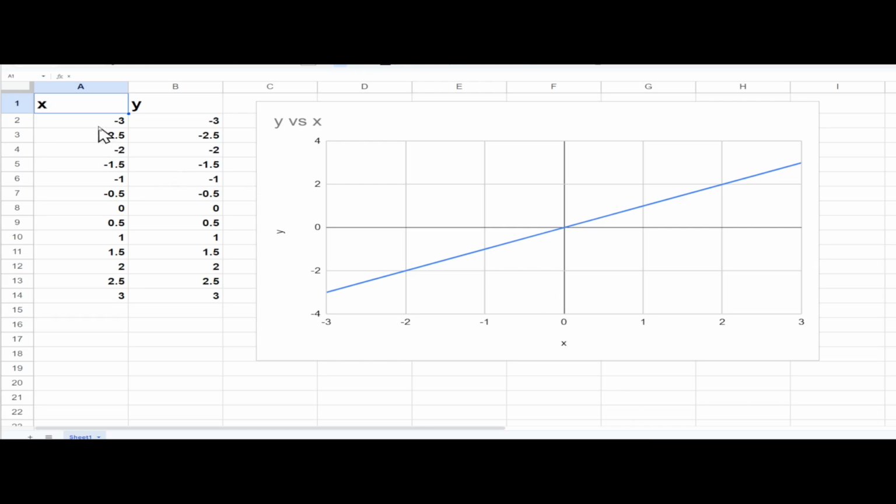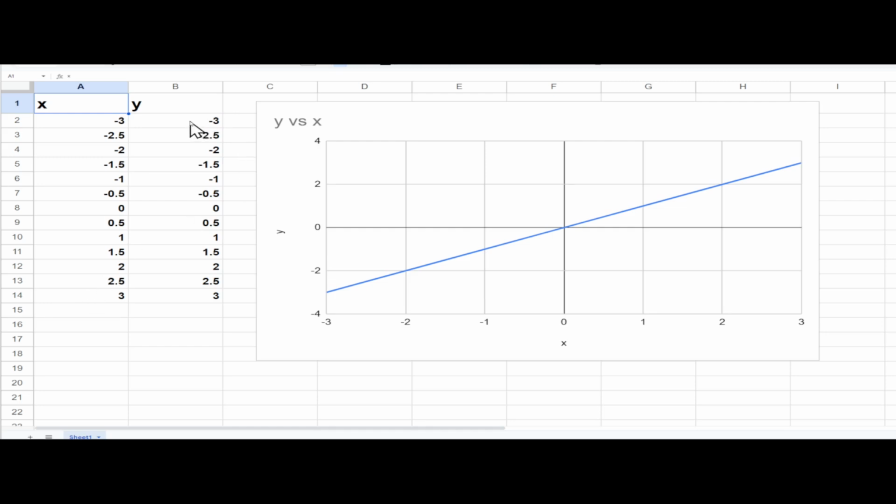So here I have a spreadsheet. On the x-axis here, I've just put in -3, -2.5, so it goes up in 0.5 increments, all the way from -3 to +3. So I've set those.